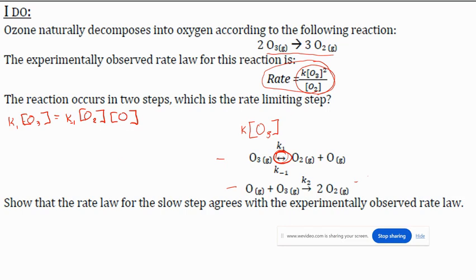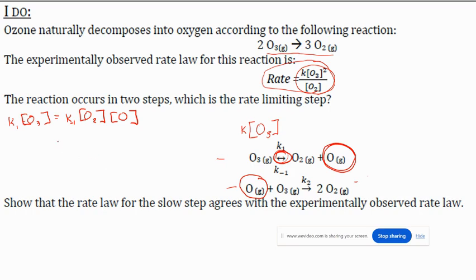Now, O here, we need to isolate that because we need to figure out what it's equal to so we can substitute it out of here, because O is an intermediate. So we need to get that equal to so we can substitute that out in this part of the equation.